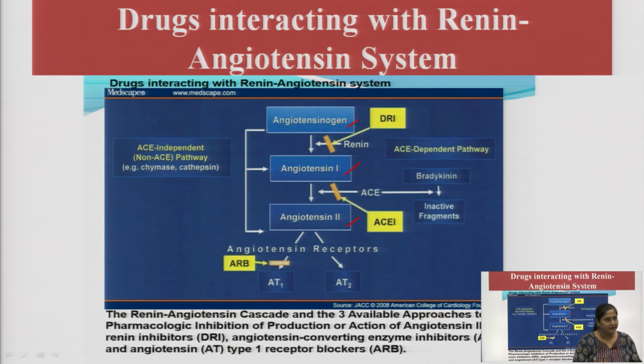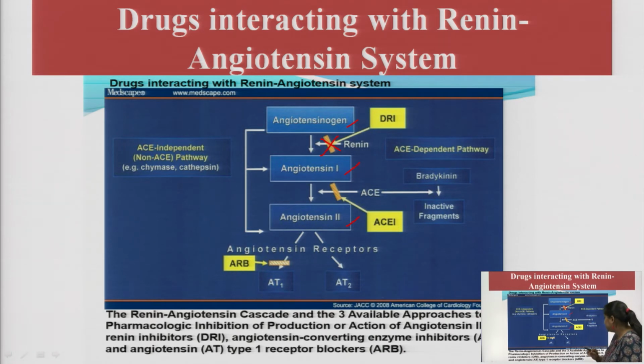When angiotensinogen converts into angiotensin, renin works here, that means this is the renin dependent pathway, and renin works here to convert the angiotensinogen into angiotensin 1. Now, if we stop the conversion of angiotensinogen into angiotensin 1, some of our problems will be solved.